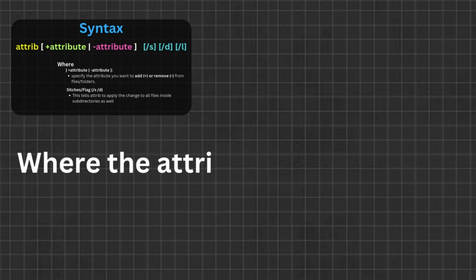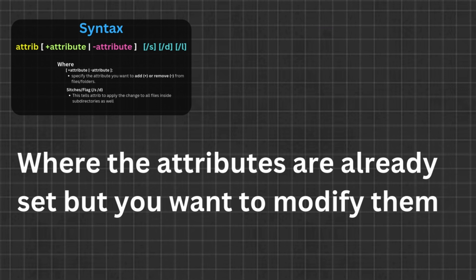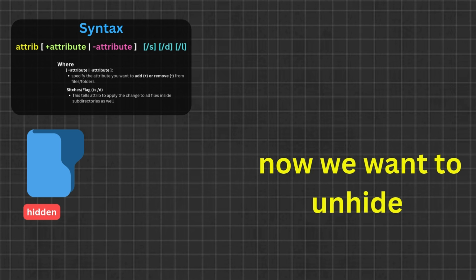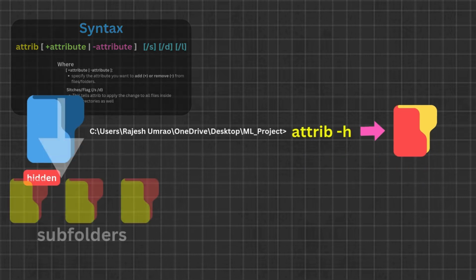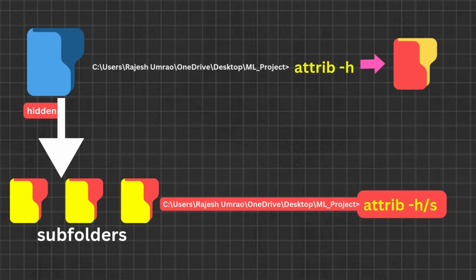Now let's consider another example where the attribute is already set but you want to remove it. For example, for any directory, initially we have set the hidden attribute, but now we want to remove it. So in this case, we have to write attrib -H and hit enter, and that will remove the hidden attribute from the current directory. And guys, in case you want to apply these changes to the subfolder, then you have to use the switches like we did while we were displaying the attributes.